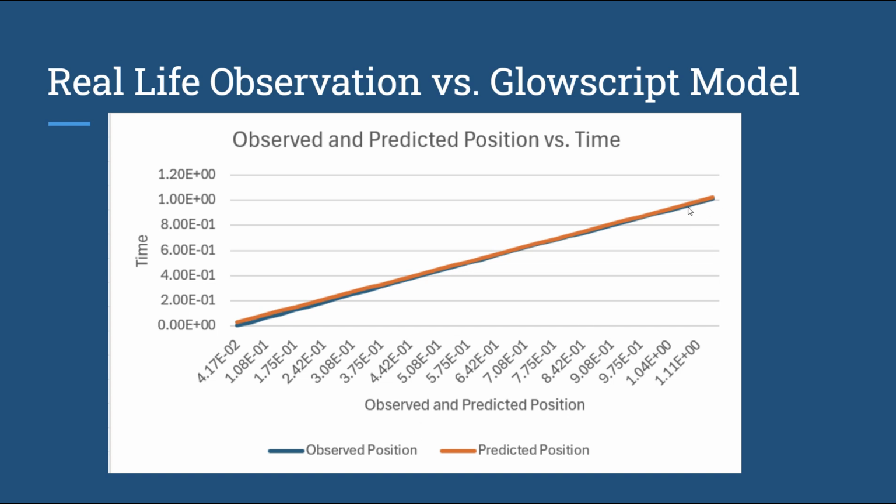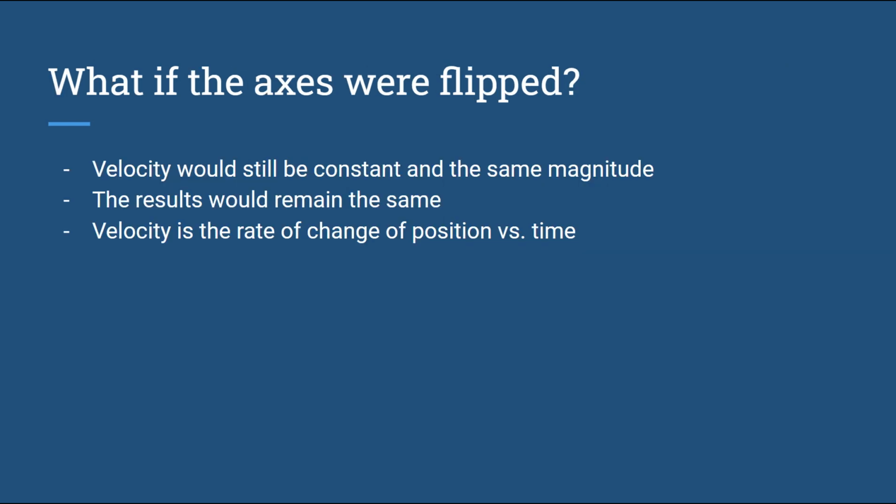But you can see it kind of starts to dip under there at the end. So if the video was a little bit longer, I believe that the observed would kind of curve out and flatten out.